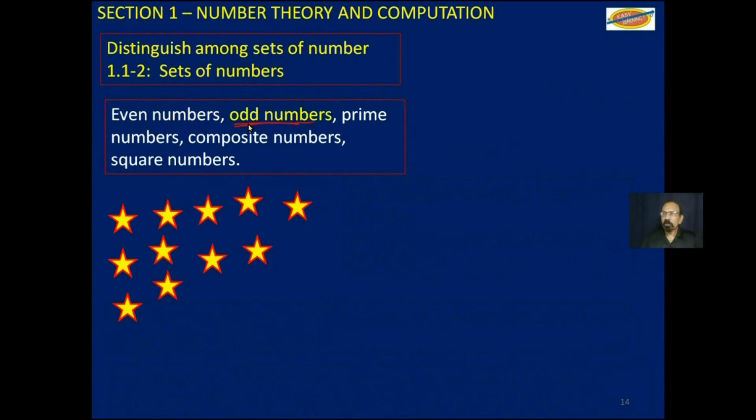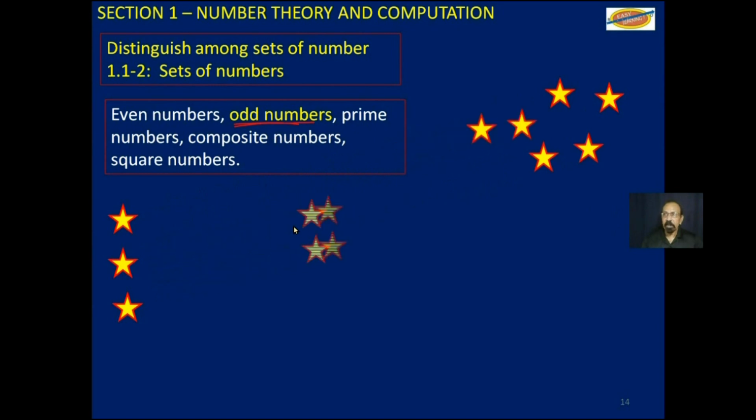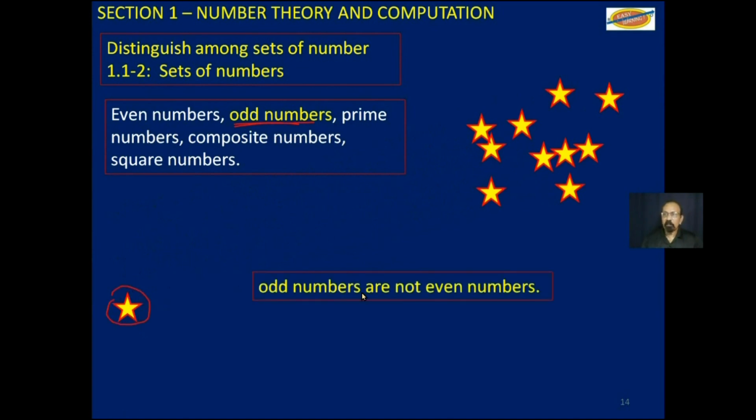Now we go on to odd numbers. If we count by 2, those stars, that's 2, 4, 6, 8, 10, and we have 1 remaining. Now, odd numbers are not even numbers. So either a number is even or it is odd. We know what an even number is.